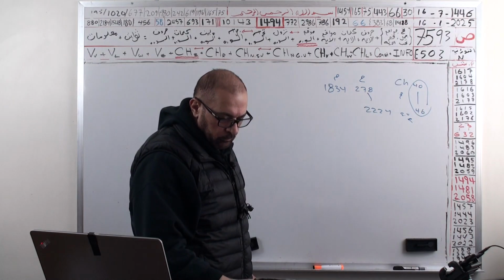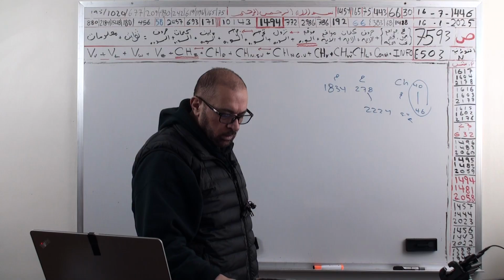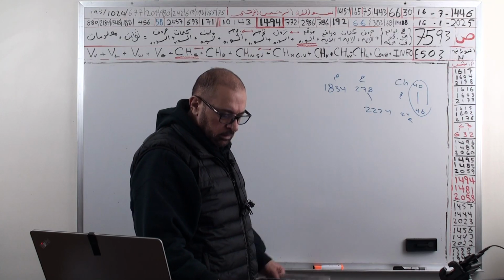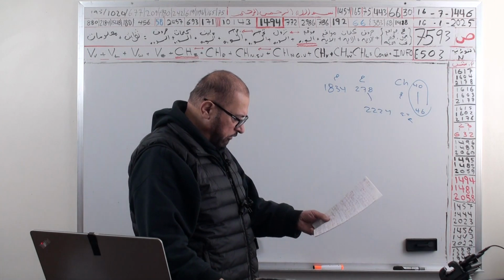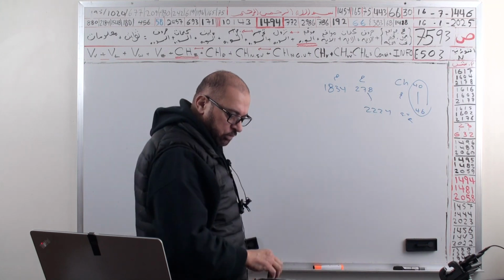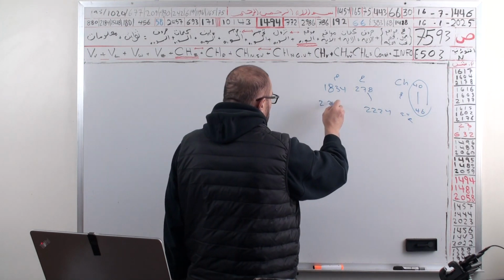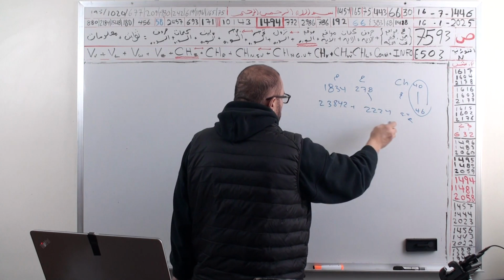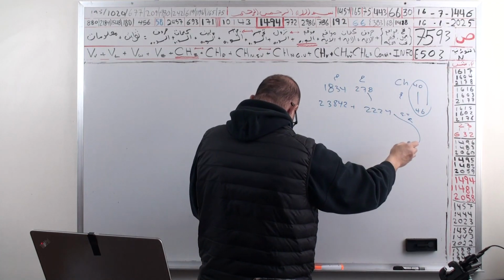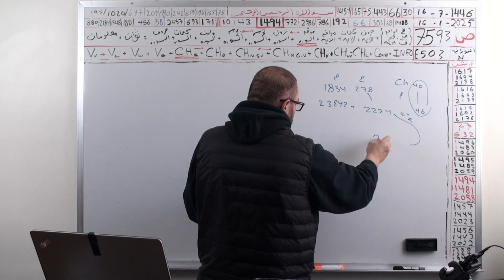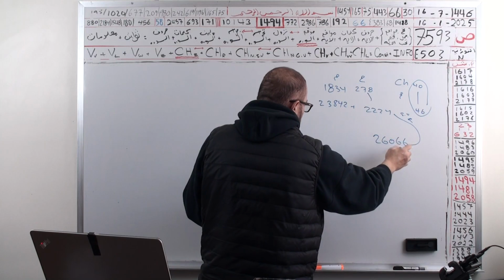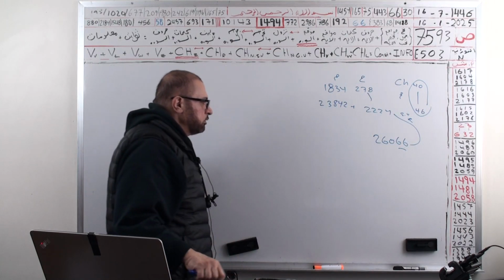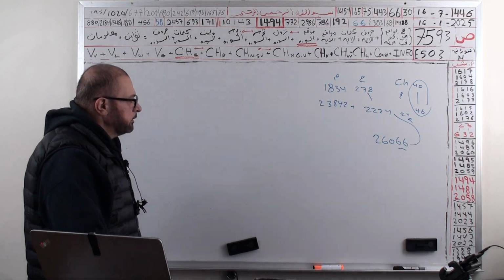And Mim, 1834 times 13, I have it: 23842. Add these two numbers up together and you will get, inshallah, 26066. Notice 66 represents Allah, 26 Muhammad, peace be upon him.